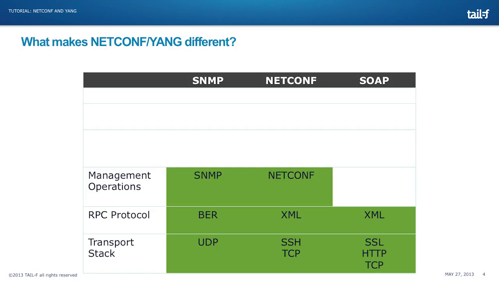How are they transported? Well, SNMP, when it was first designed, was simply designed to run over UDP with no sort of security. Back then, our networks were simple, easy. You didn't need to worry about security. Later on in SNMP, we bolted it on, we added it.